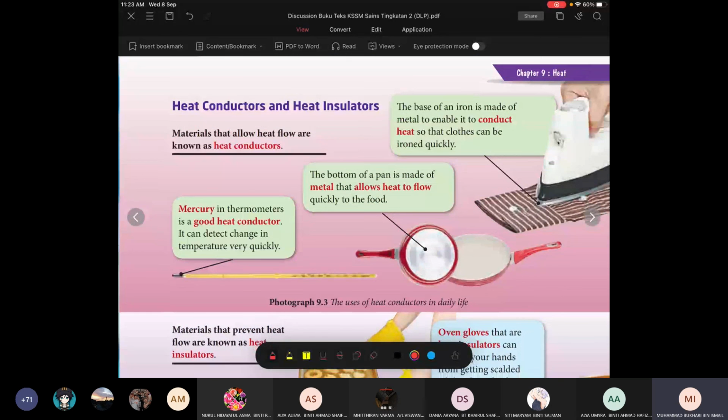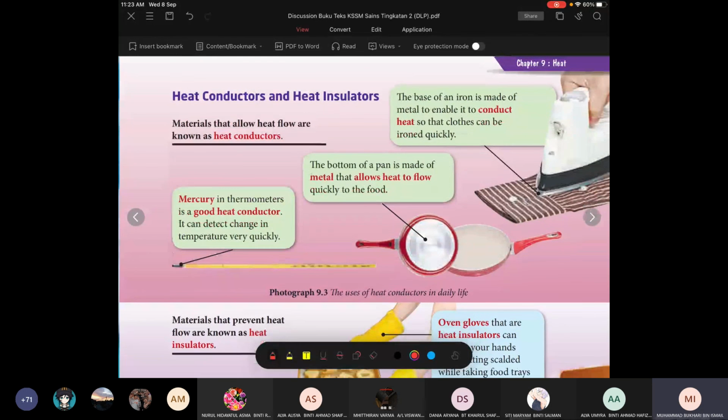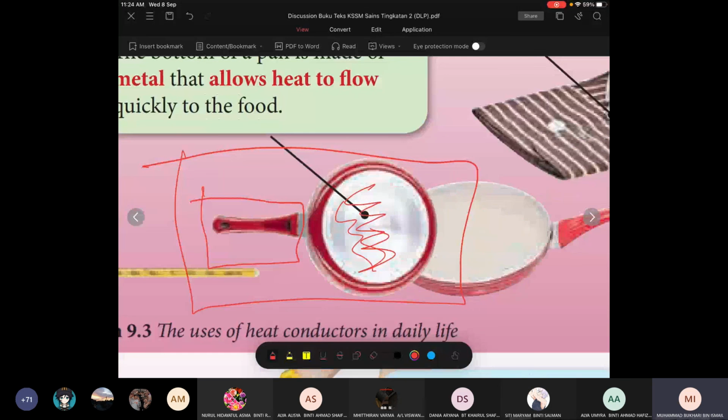Okay, another thing we need to see here is about heat conductor and heat insulator. This is the holder, right? Can you see this pan? The holder here is a bad conductor, so when you hold it with your hand, you don't feel the heat. But the bottom over here is a very good conductor.